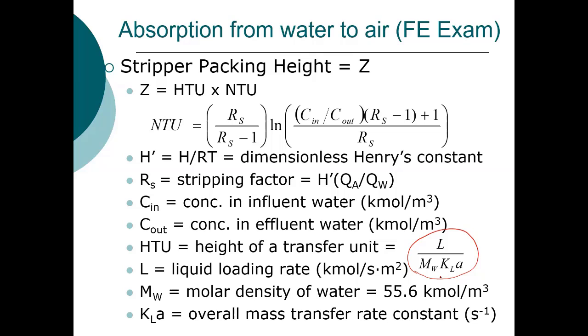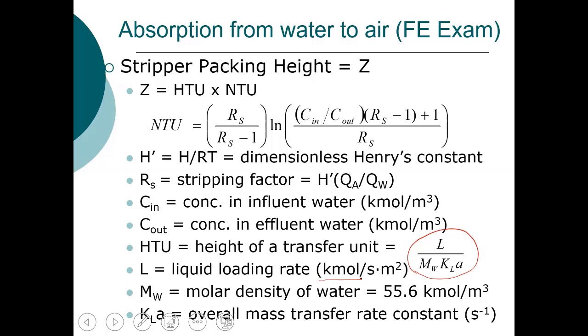In this case, and with this set of equations, your loading factors again are in molar units. So it's kilomoles, and this loading factor is kilomoles per second per meter squared, per area of this packed column.